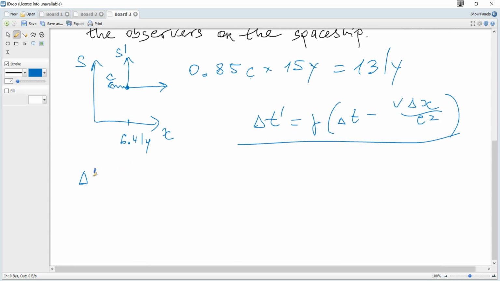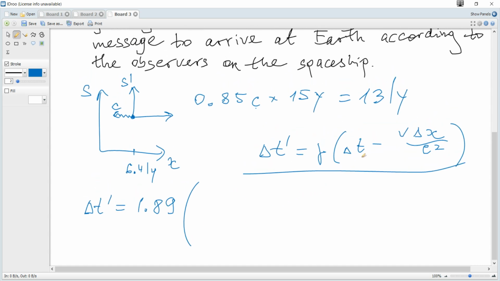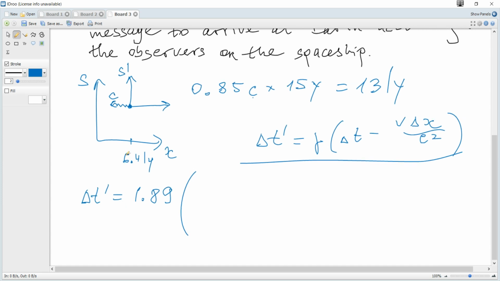So the time interval in the moving reference frame becomes gamma. What is gamma? 1.89. And the time to travel in the Earth reference frame: we should move this distance with speed c, so it becomes 6.4 light years divided by c.